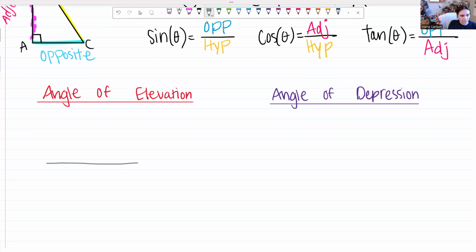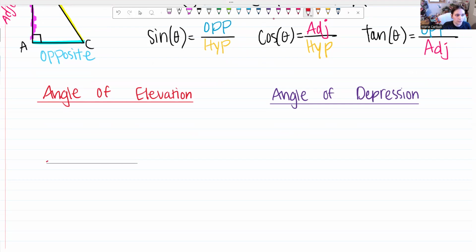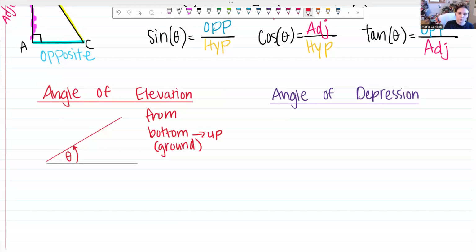So if we have the bottom level or the ground level, the angle of elevation is the angle of increase from the ground, or the floor, up.